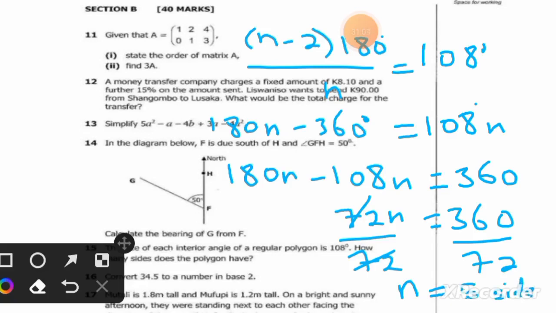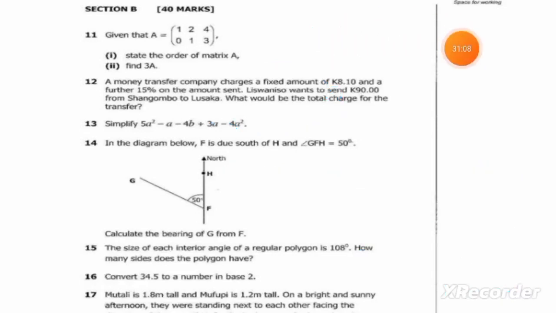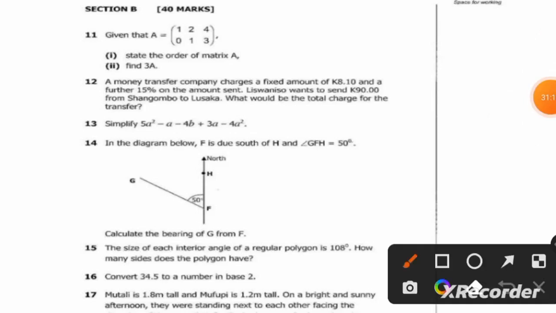Alternatively, we can also use this formula here. We are told that the interior angle is 108, which means the exterior angle is 72.